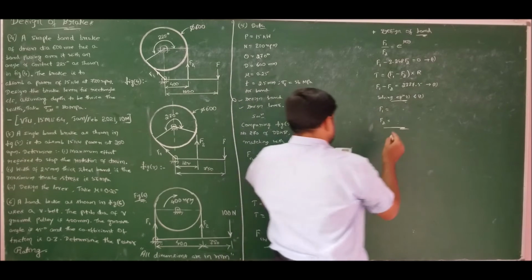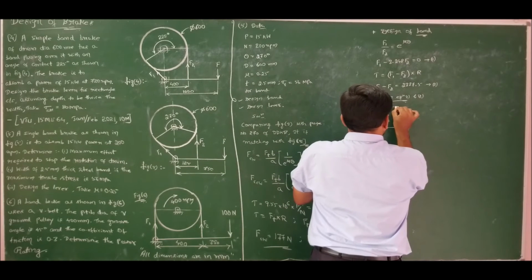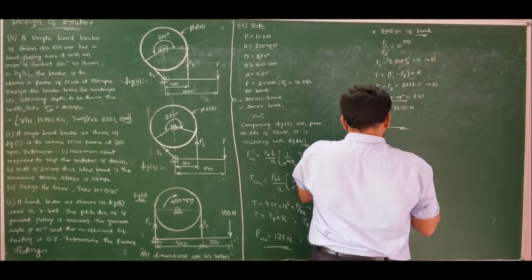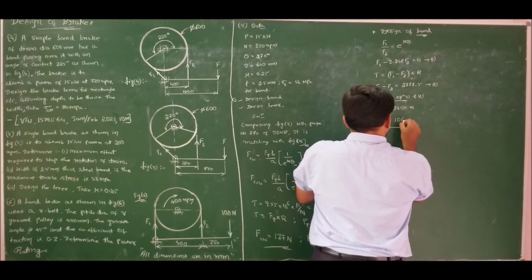So I get the tight side tension as 3450 newtons and the slack side tension as 1062 newtons.